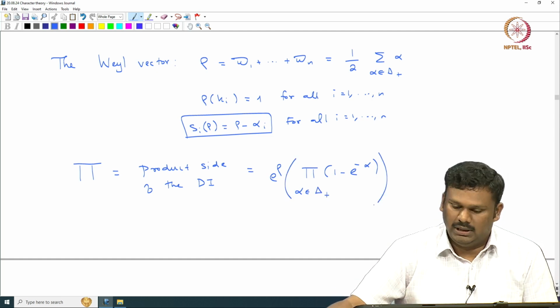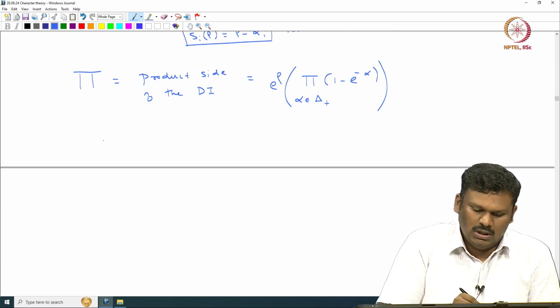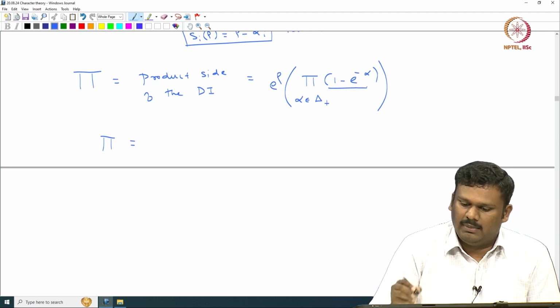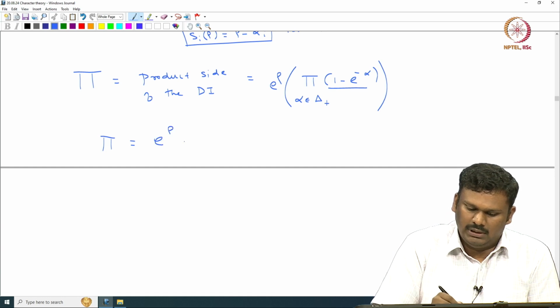So we can simply rewrite this as follows. If you take out e to the minus alpha from each factor of this product, then you get e to the rho times the product of e to the minus alpha times (e to the alpha minus 1), alpha in delta plus.